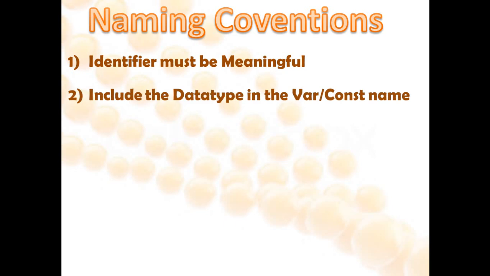Then they should include the data type of the variable or constant in the variable or constant name. What I mean here is, while you are declaring a variable, let's say you want to declare a name and the name is a string, so you just start with str name. That's enough. You have declared the data type.